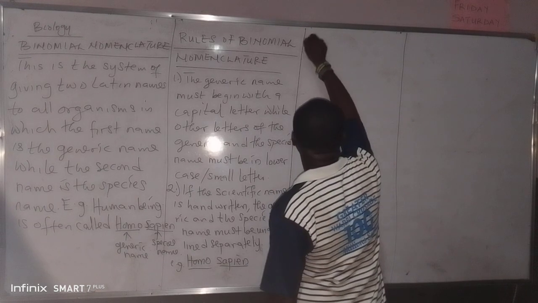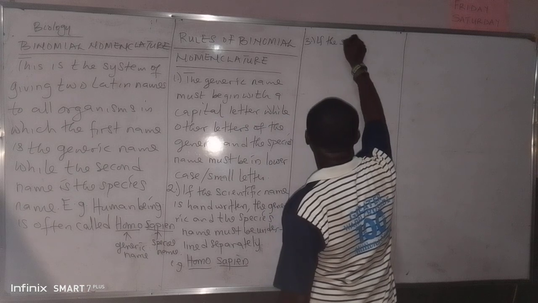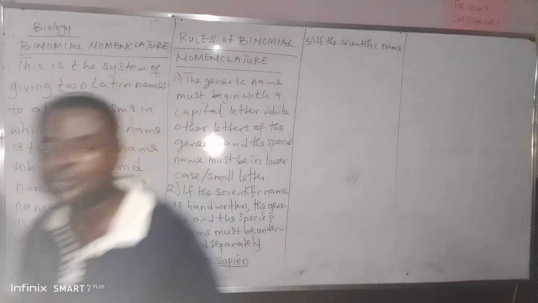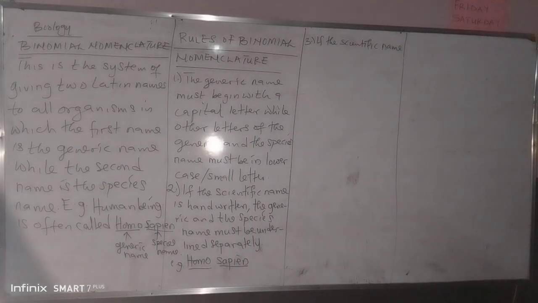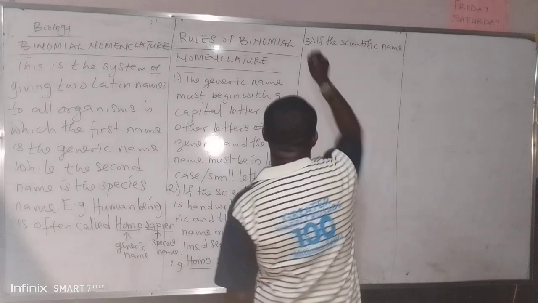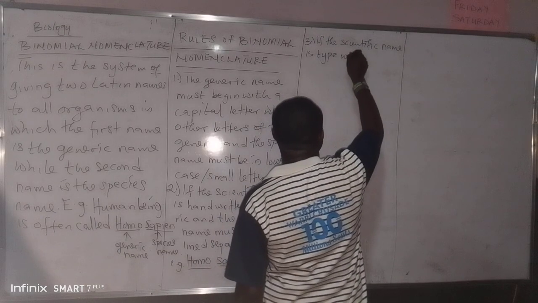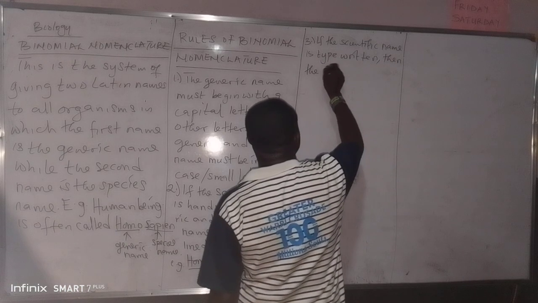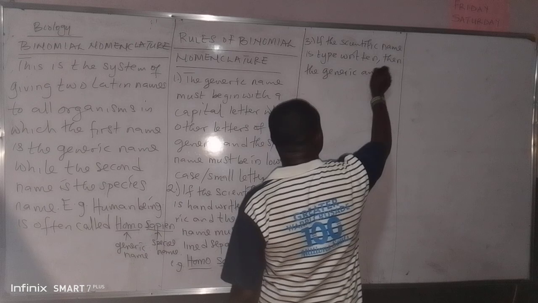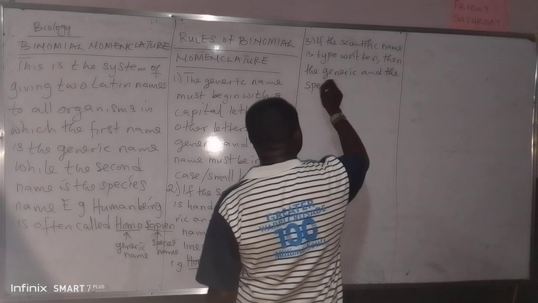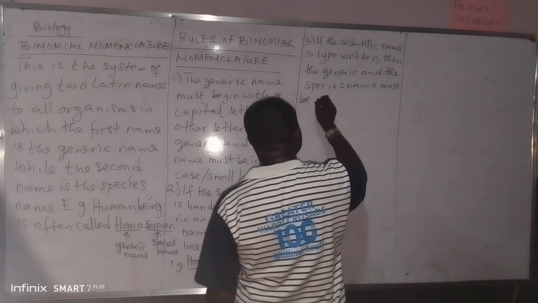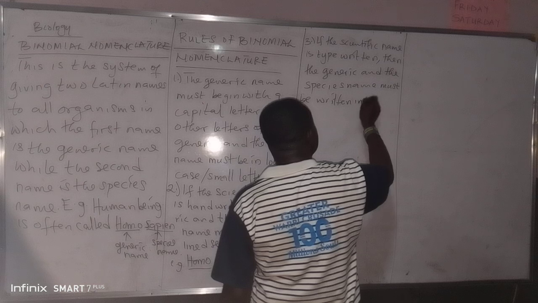But if the scientific name is typewritten, then the generic and the species name must be written in italics form.